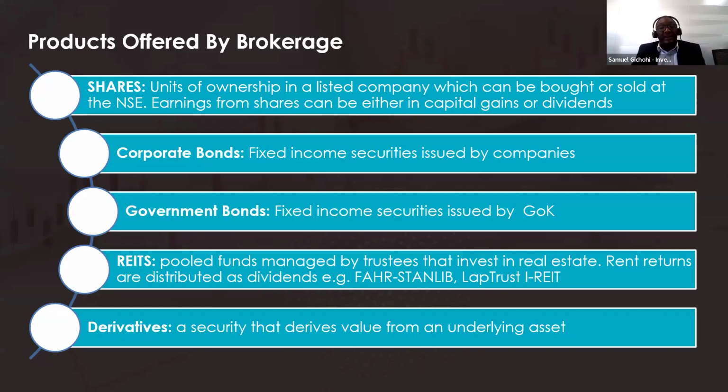Once these are issued, they then go onto the Nairobi Securities Exchange, which means that now the trading is between shareholders, and of course there'll be buying and selling on the main market. Corporate bonds, which are fixed income or bonds issued by companies, are also listed on the CDSC. Both shares and corporate bonds will sit on the CDSC and Nairobi Securities Exchange platforms, and these are also offered on our platform.